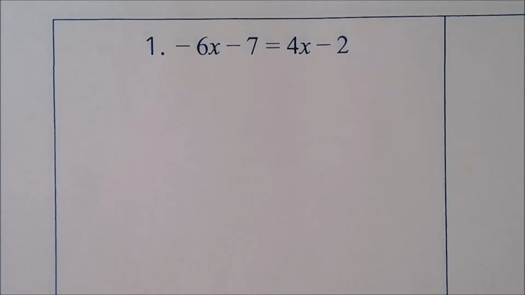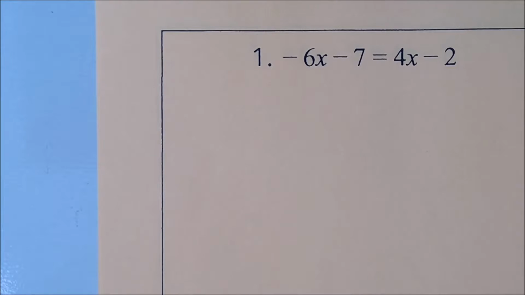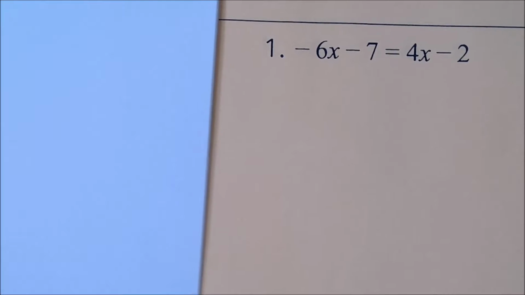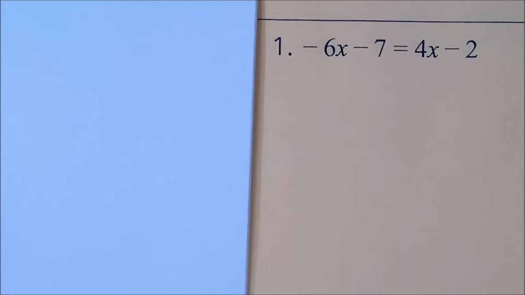But we do need to start practicing transferring what's happening on the hanger to what's happening on the page. So for this first one, just to get the hang of it again, I'll solve the first equation on a hanger, and then we'll transfer our work over to the side here.